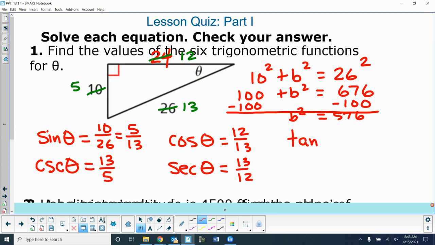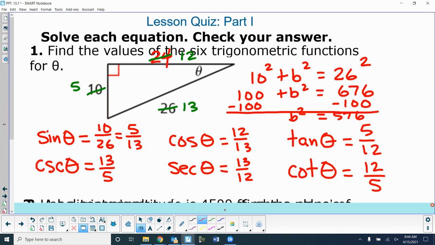Tangent, TOA, opposite 5 over adjacent 12. I don't want decimal answers. I want fraction answers. Okay? So those are the 6 answers.